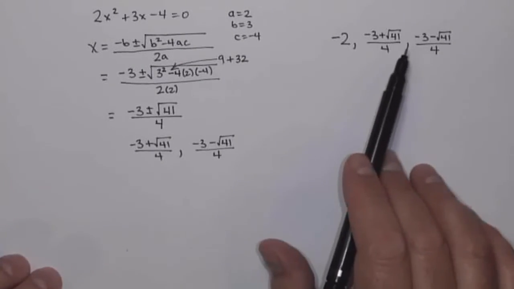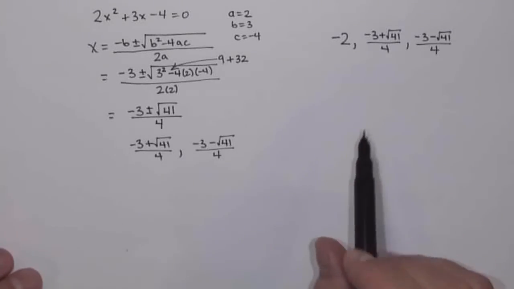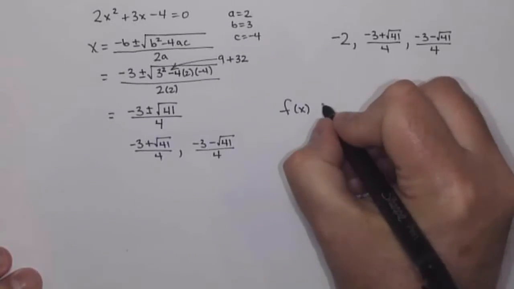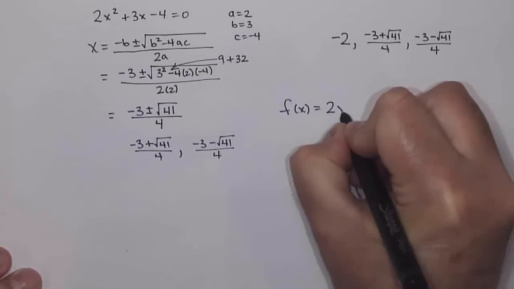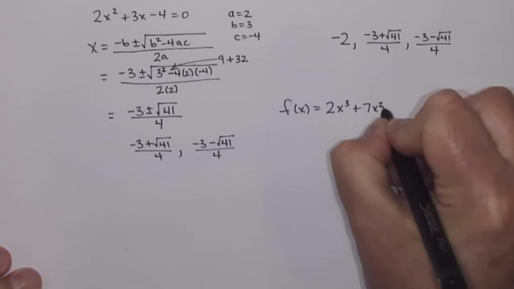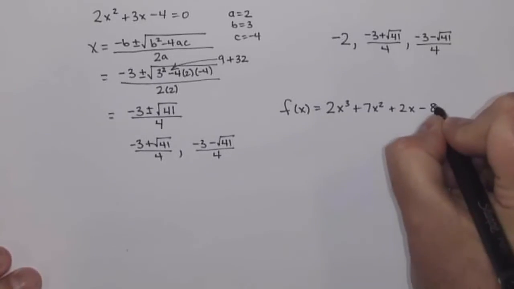Now in part B, we're supposed to factor our function into linear factors. So let me rewrite our function. Our function was f of x equals 2x cubed plus 7x squared plus 2x minus 8.